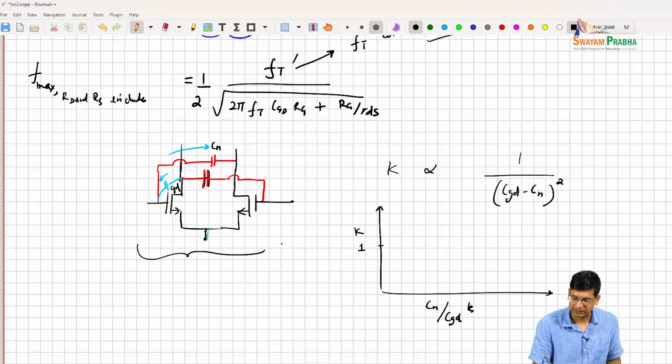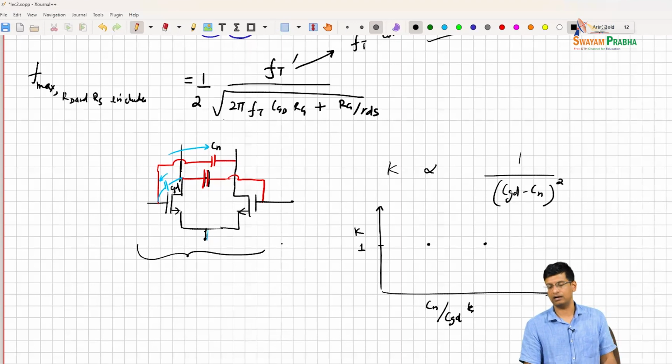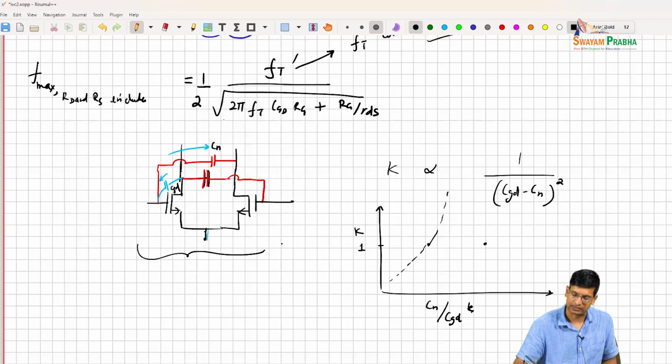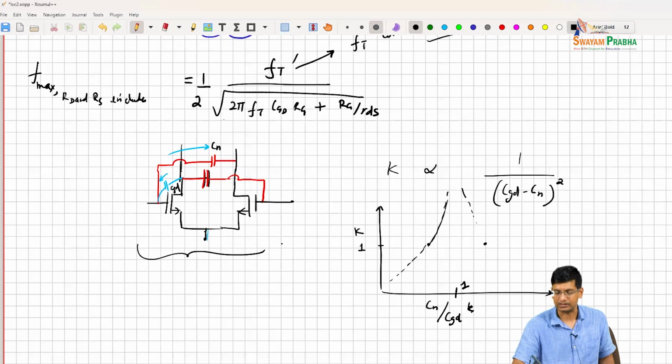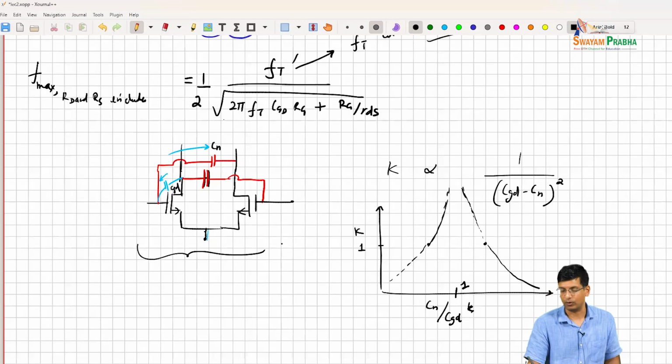So remember, stability factor 1 is the desired thing. So then what you end up seeing is that you'll get a situation where, and this is 1 here, right? Cn is equal to CGD. So when Cn is equal to CGD, the stability factor sort of blows up, but below that it has this sort of shape, right? So both Cn a little larger than CGD or a little less than CGD end up giving you k factors greater than 1, right?